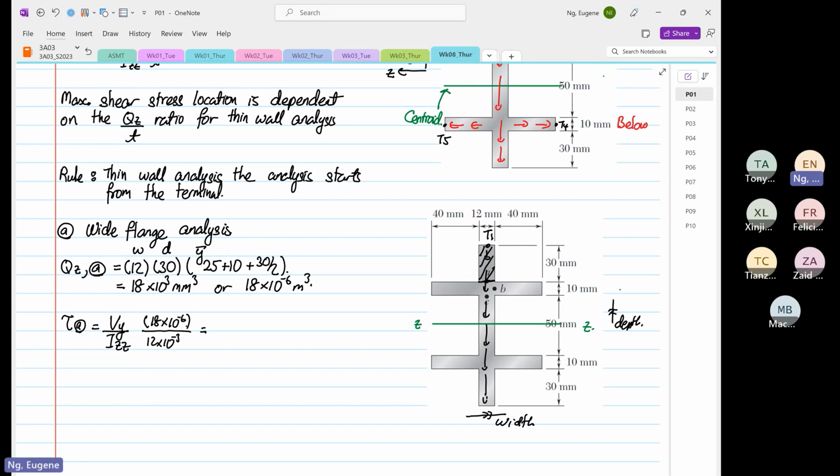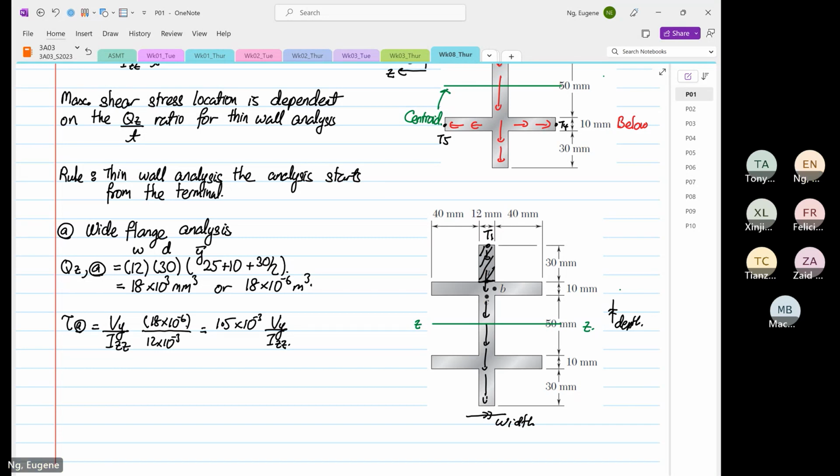Okay, so 18 power minus 6 divided by 12 power minus 3 is equal to 1.5 times 10 to the power minus 3 Vy over Izz.